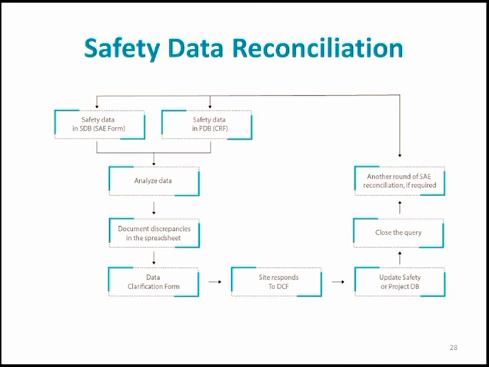The safety data in SDP and the safety data in PDP are collaborated in one form and analyzed, and the analyzed data flows with the documented discrepancies in the spreadsheet and the data clarification form, which is the site response to the DCF. This DCF updates the safety or project database and closes the query, followed by another round of SAE reconciliation if it is required.